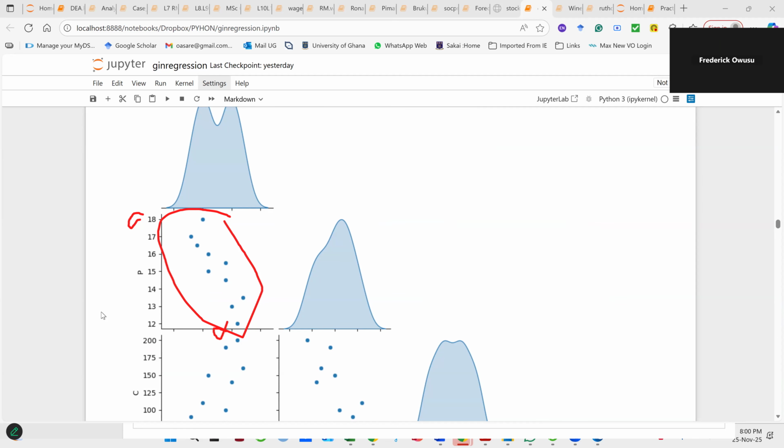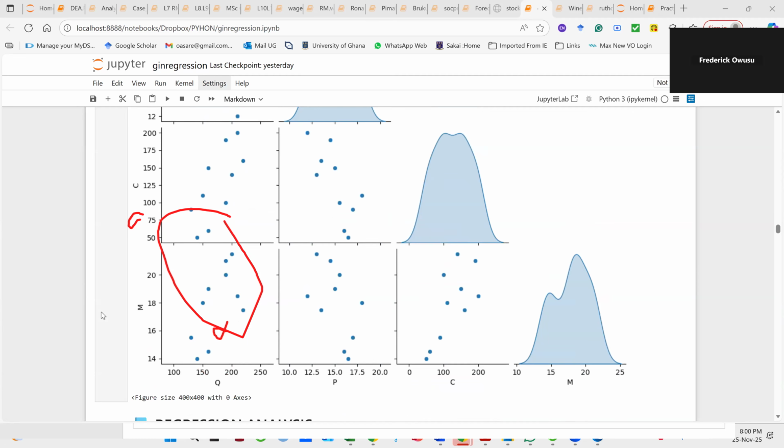What about between complement price and price? What is it exhibiting? I should circle that one for you too.